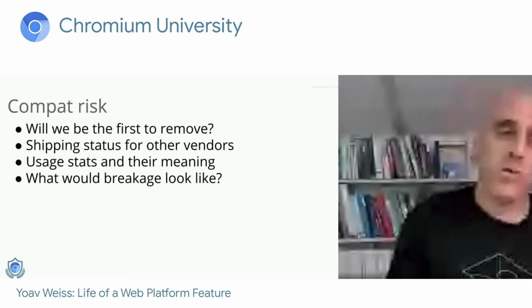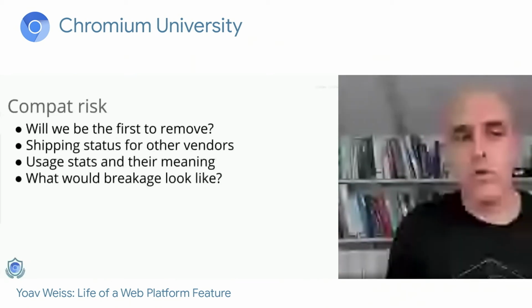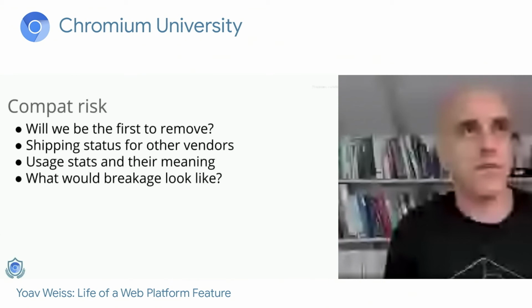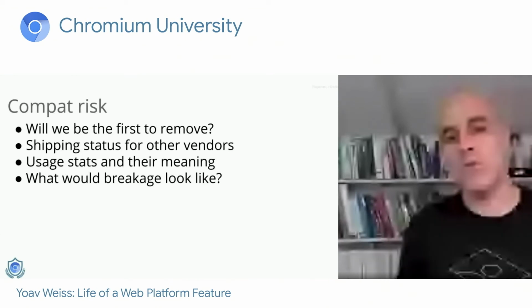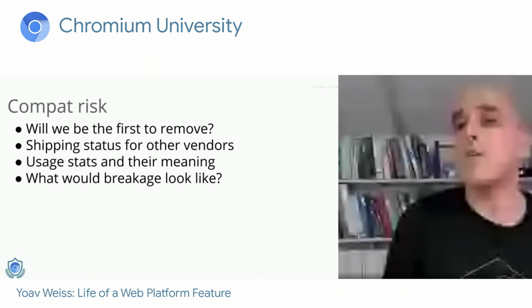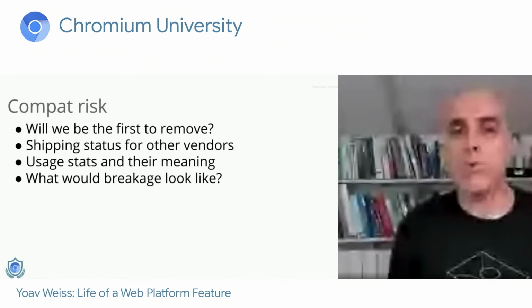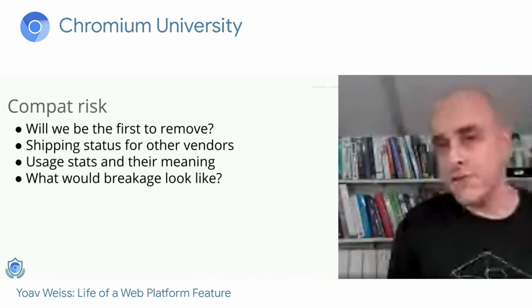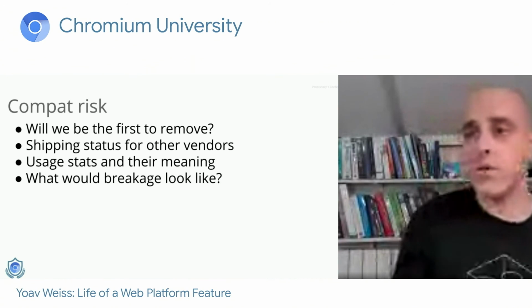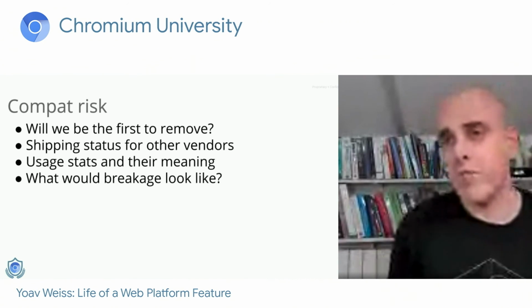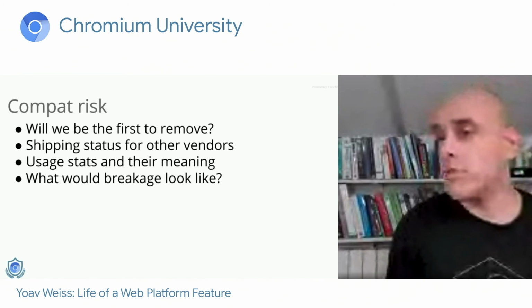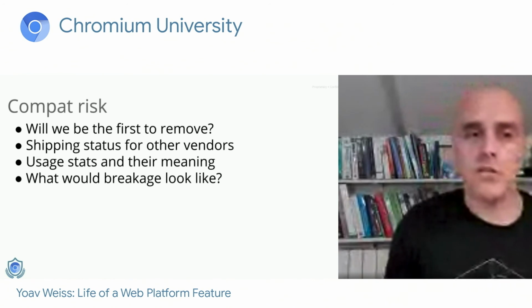And that can also mean that we are asking the intent initiators to dig into the usage and understand what it looks like, and most critically, what would breakage look like? If we now remove the feature, are sites just feature detecting for it and will continue to work normally, or will it break everything and present our users with broken experiences? Those are all questions that we need to answer in order to properly assess this compatibility risk.